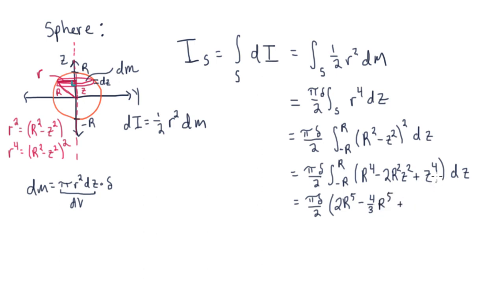And then here, this is going to be z to the 5th over 5 from R to minus R. So again, I'm going to get a 2. So I should have 2/5 R to the 5th. You can fill in the details if you need to, but I believe that is correct.